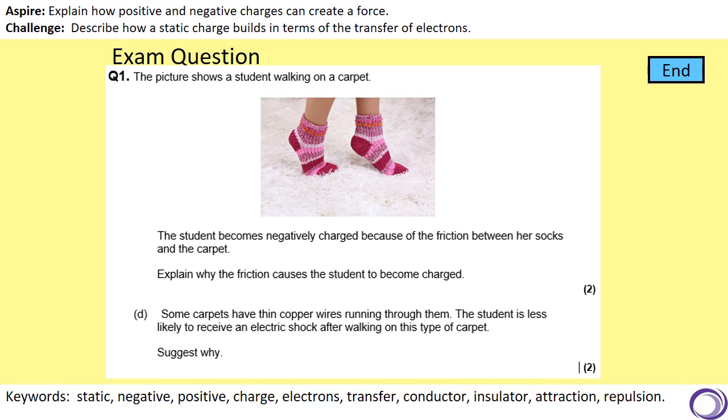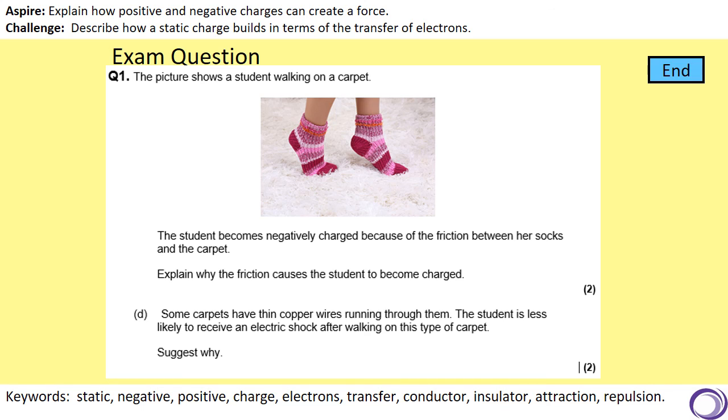We're saying electrons are moving, and then we say where they're moving from. Because electrons have got a negative charge, the student must be getting extra electrons. So the electrons are being rubbed off the carpet onto the student's socks, and electrons are negative. So it's 1 mark for saying that the electrons are negative and 1 mark for saying that the student is getting extra electrons. They're getting rubbed onto the student's socks.